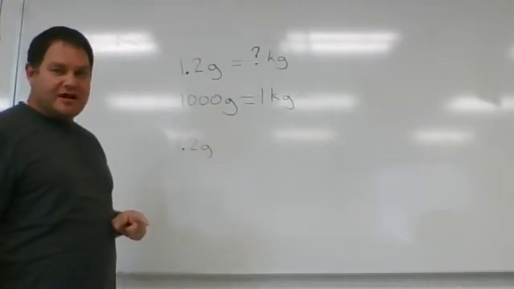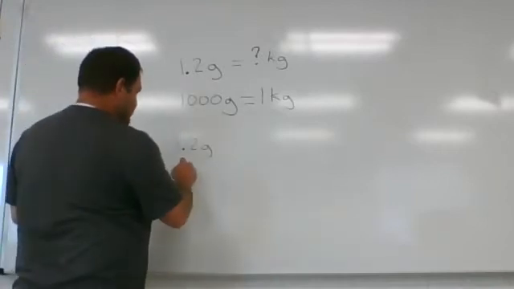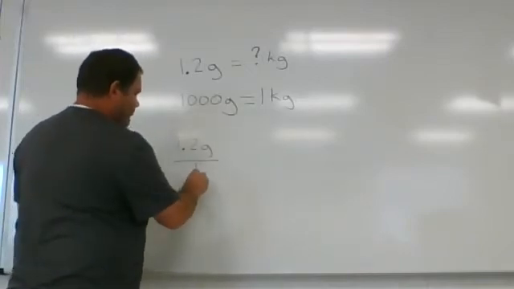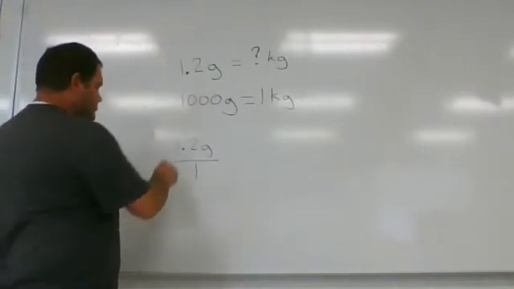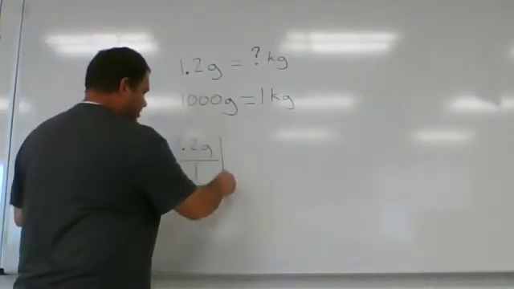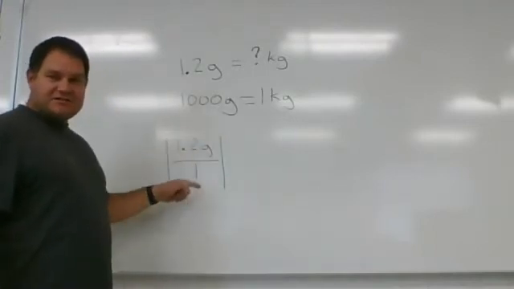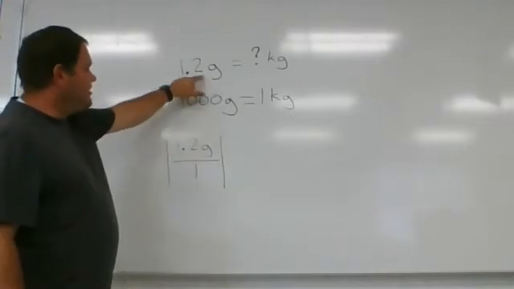It will save you a lot of problems down the road, okay? So I'm going to put this value over 1, so I'm making it into a fraction. And then I'm going to put brackets, or what we call posts, around that fraction, right? Again, this is what I'm starting with, 1.2 grams.